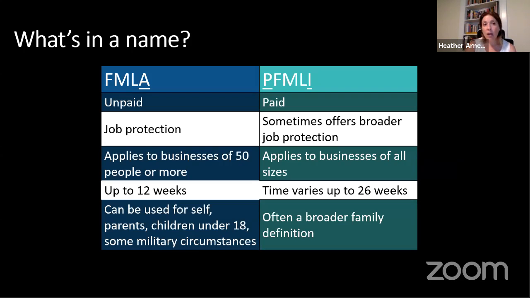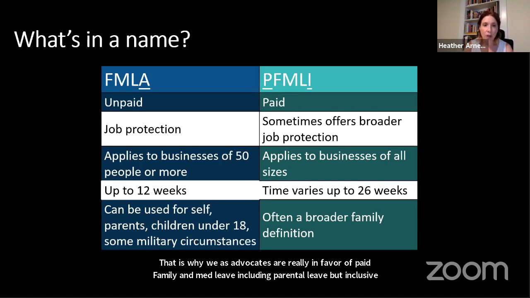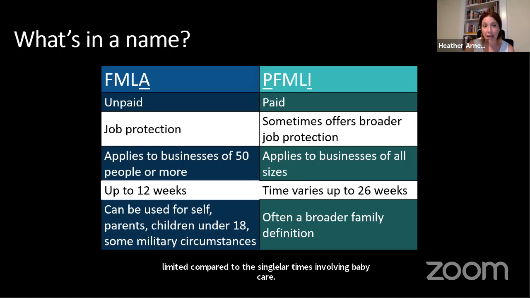Just a couple of other terms. Another term that you might have heard of is FMLA, which is the Federal Family and Medical Leave Act. Sometimes people will say, don't we already have family leave? And the answer is, well, some people have access to a form of family leave, and it is unpaid.